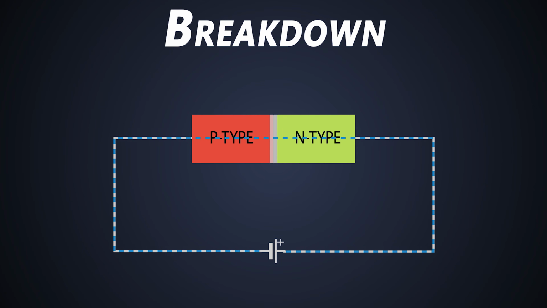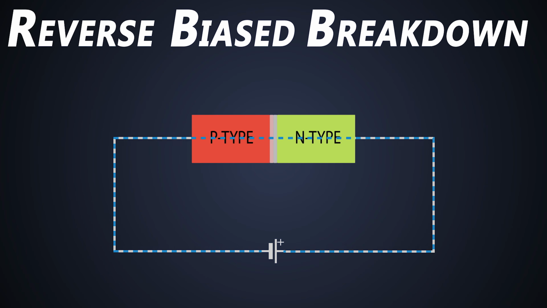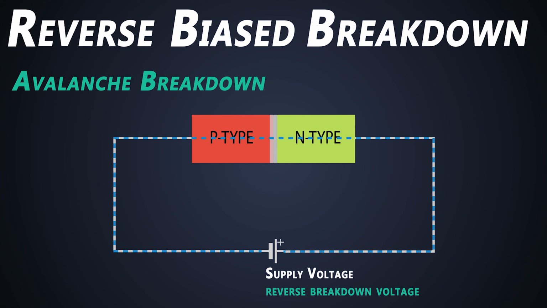But when the reverse bias voltage is increased across the semiconductor above a certain limit, a large amount of current flows through it. This phenomenon is known as reverse bias breakdown. The voltage at which the breakdown of a p-n junction occurs is called the reverse breakdown voltage. There are two types of such breakdowns, which are known as avalanche breakdown and Zener breakdown.